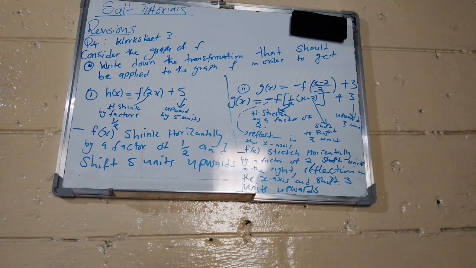Now let's give a brief description of how we are supposed to handle question 4b. So question 4b, there in your worksheet, there is a graph already sketched for you on graph paper. So they just want you to write the new graph using that equation.